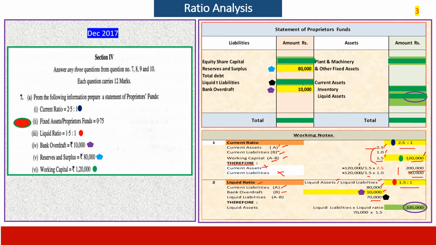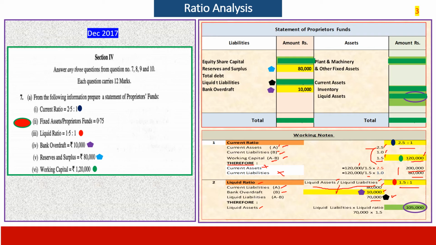And if you have liquid liabilities, can you derive liquid assets? Of course, because the ratio says liquid assets divided by liquid liabilities is 1.5. Therefore, if we put a formula, for liquid assets take 1.5, and here liquid liability is dividing.